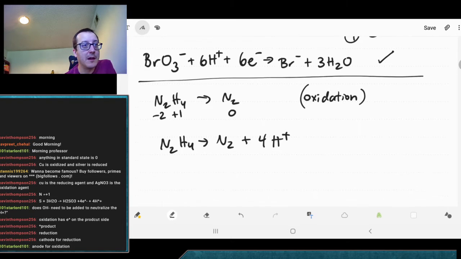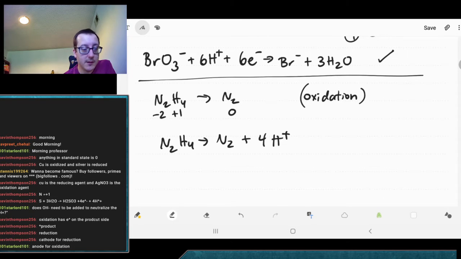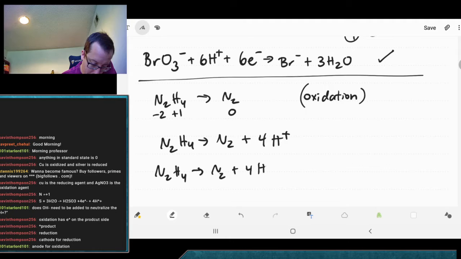And then if we want to balance the electrons, we can do that. Alrighty, so that one is now balanced.